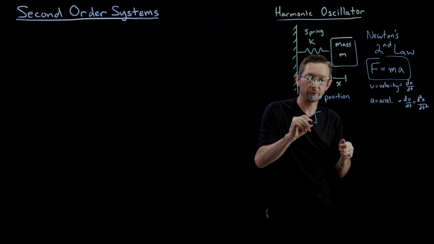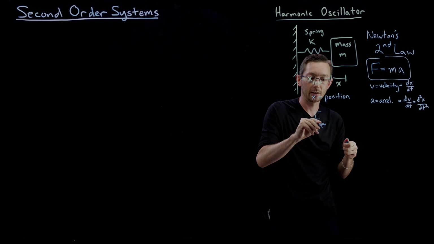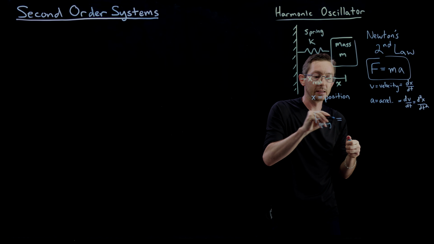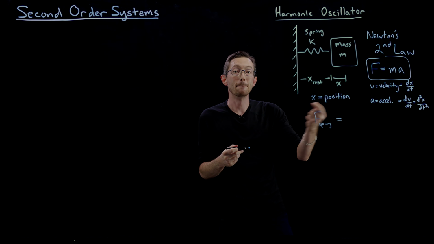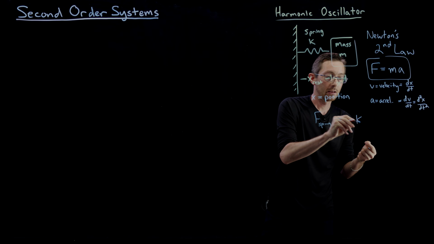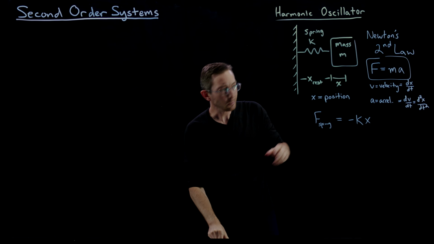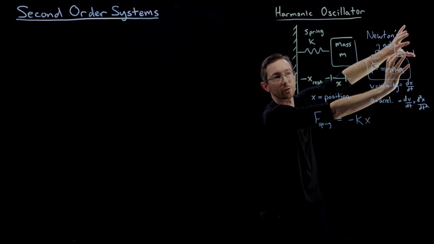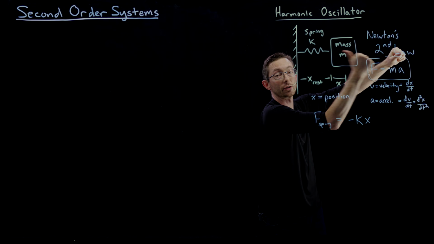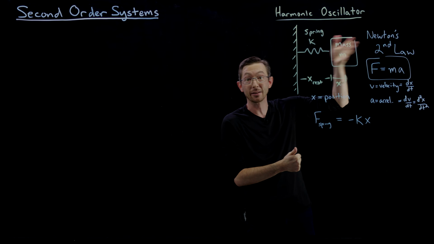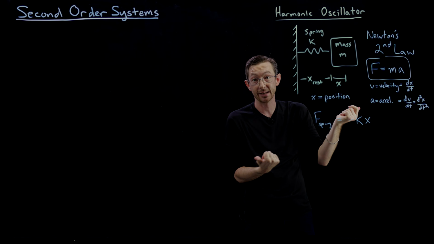So the force from the spring is, I believe, going to be minus k times x. So if I pull x in the positive direction here, I'm going to have a restoring force trying to pull it back in the negative x direction, and it's going to be proportional to x.